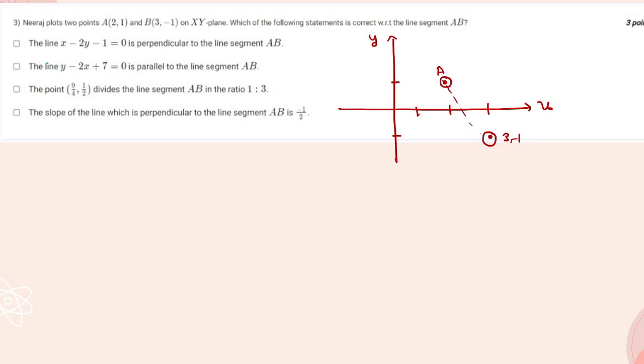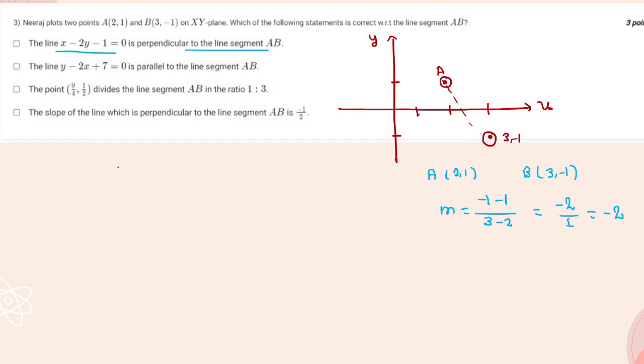The first option is the line x minus 2y minus 1 is perpendicular to the line segment AB. The coordinate of A is 2 comma 1 and B is 3 comma minus 1. So slope will be equal to minus 1 divided by 3 minus 2, so its slope is minus 2 divided by 1, which gives minus 2.